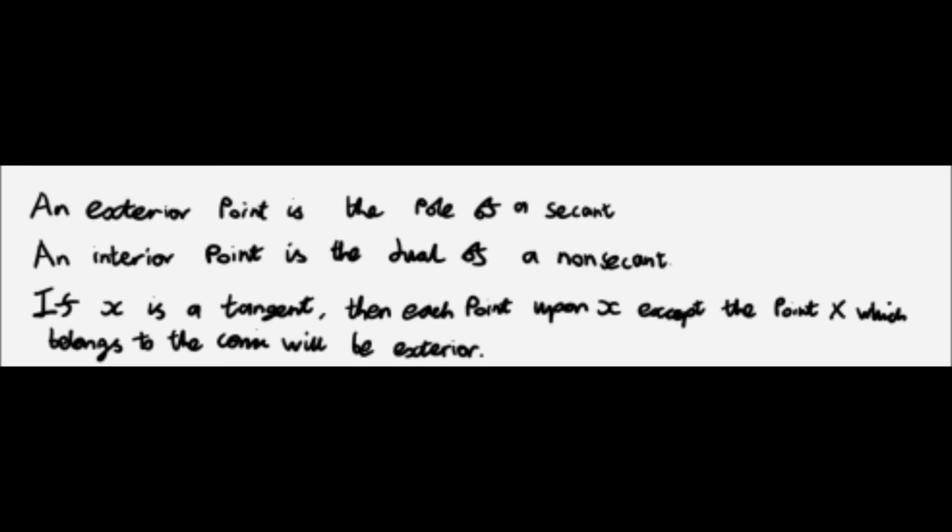Also, if we have a line little x, which is a tangent line, then it turns out that every point upon x, which doesn't belong to the conic, has got to be an exterior point. Perhaps you can find a proof of this for yourself.